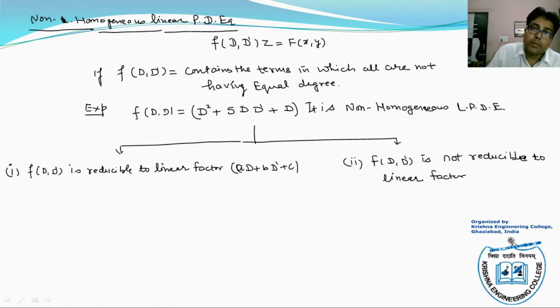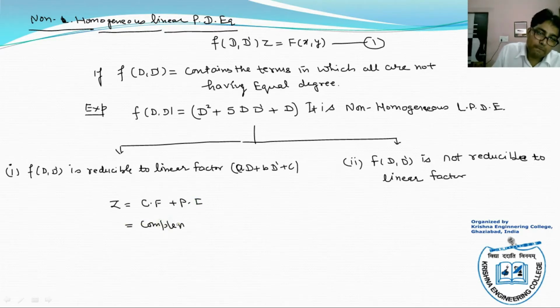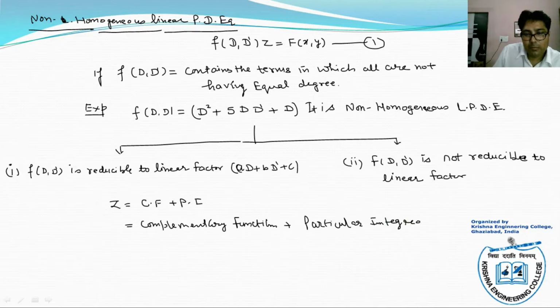In both cases, the equation has the solution z = CF + PI. CF means complementary function, plus particular integral. Complementary function comes out from LHS and particular integral comes from RHS.